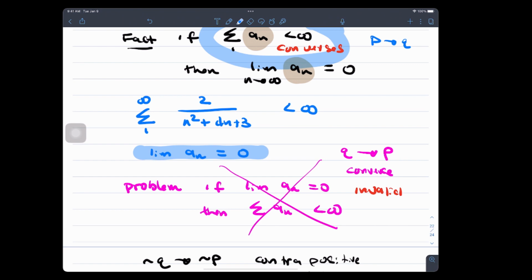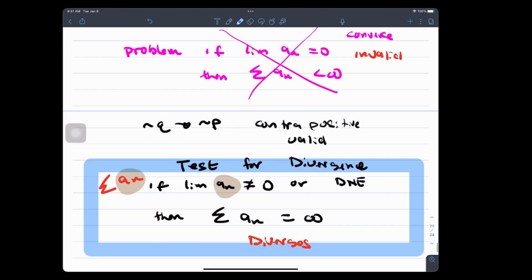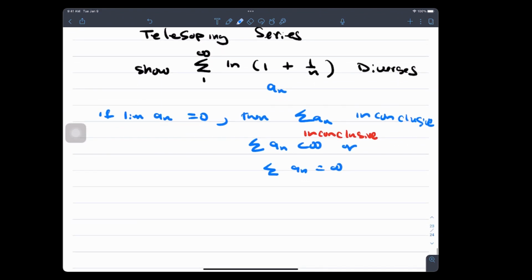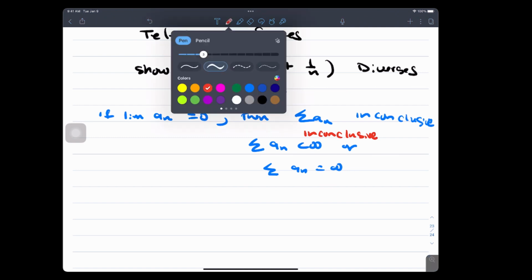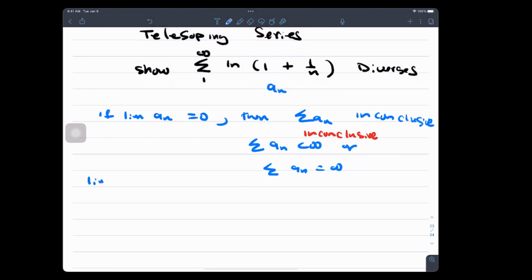Because again, in this case, the limit of a_n is 0, right? In this example, here's my a_n, the limit is 0, but the series converged. In this example, the limit of a_n is also 0. You go, but what's going on? The limit of the natural log of 1 plus 1 over n as n goes to infinity is the natural log of 1. This is 0.